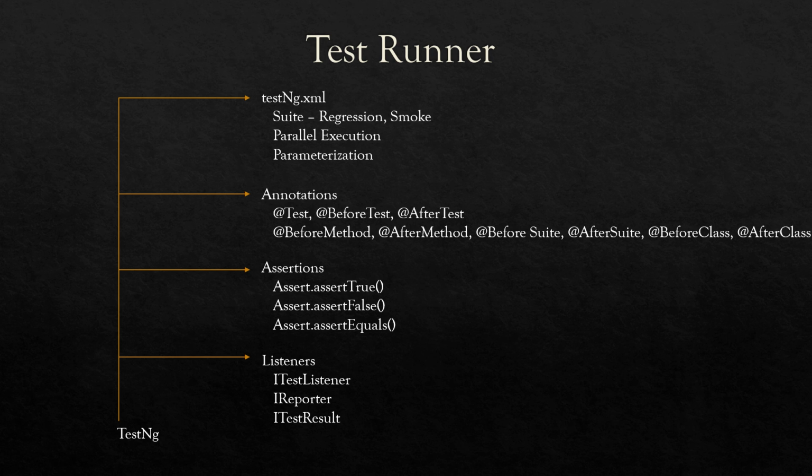It also provides annotations like @Test, @BeforeMethod and @AfterMethod to create structured execution of our test cases. Further, it provides assertions that we use to validate the application behavior against the expected behavior. It also provides listeners that we use to take screenshots and generate reports.